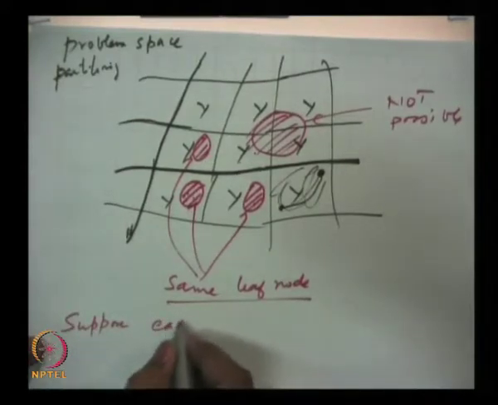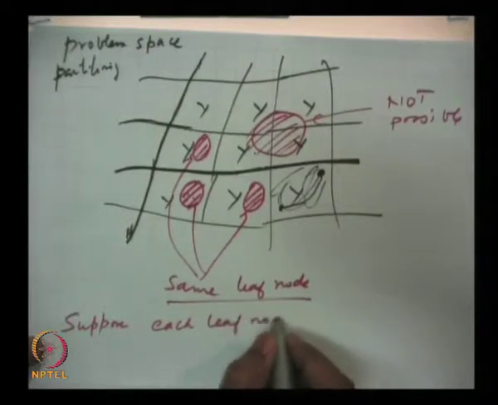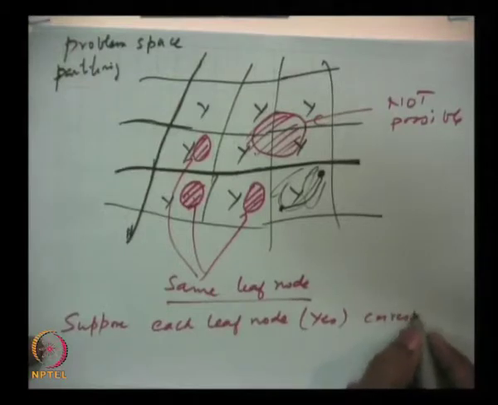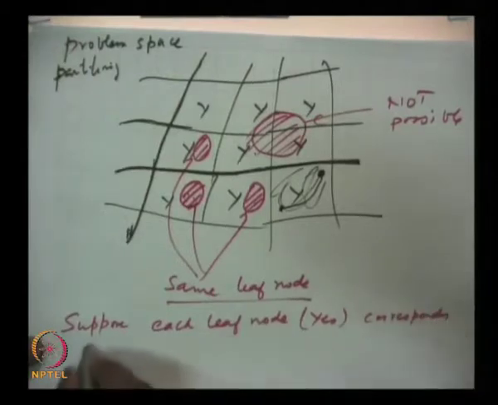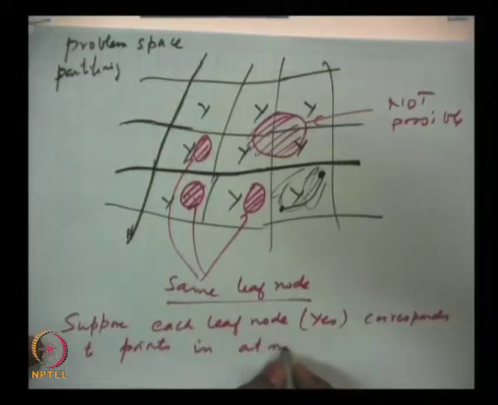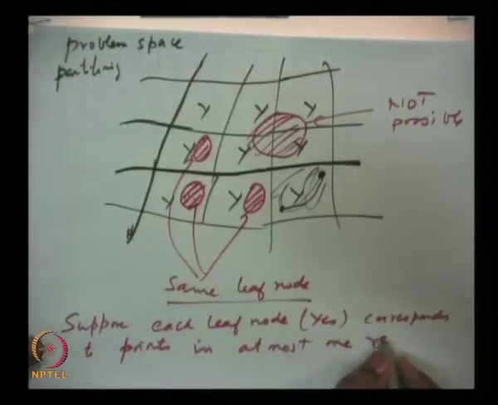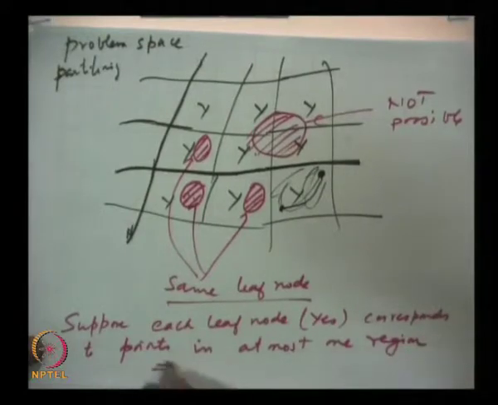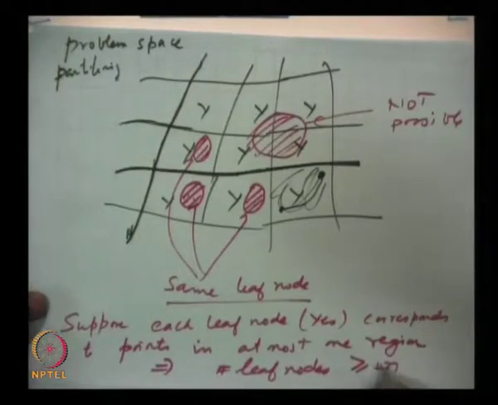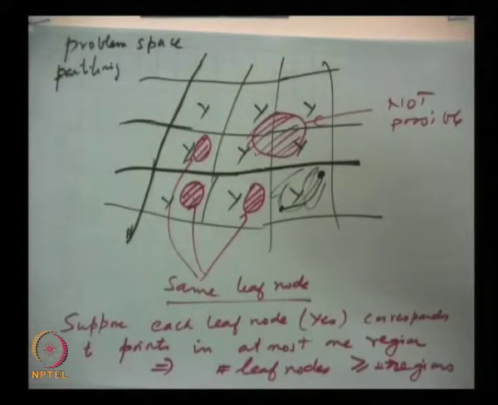Suppose each leaf node, the yes leaf nodes, corresponds to points in at most one region. This implies the number of leaf nodes is greater than the number of regions, which is equal to n factorial, and then we are done actually.